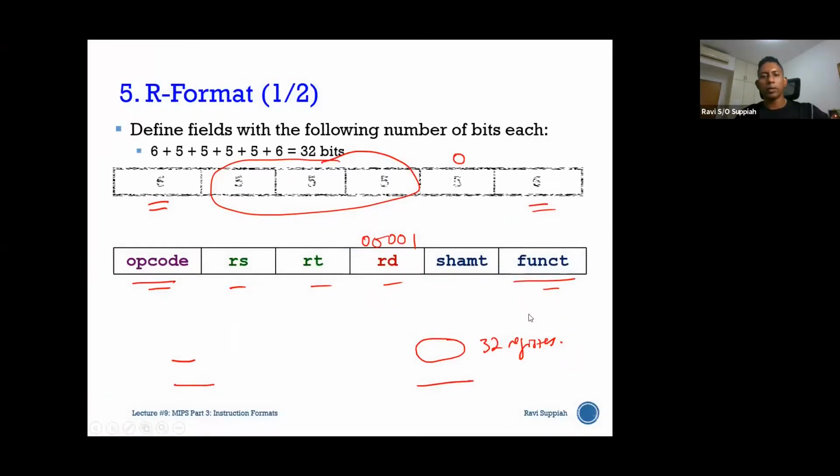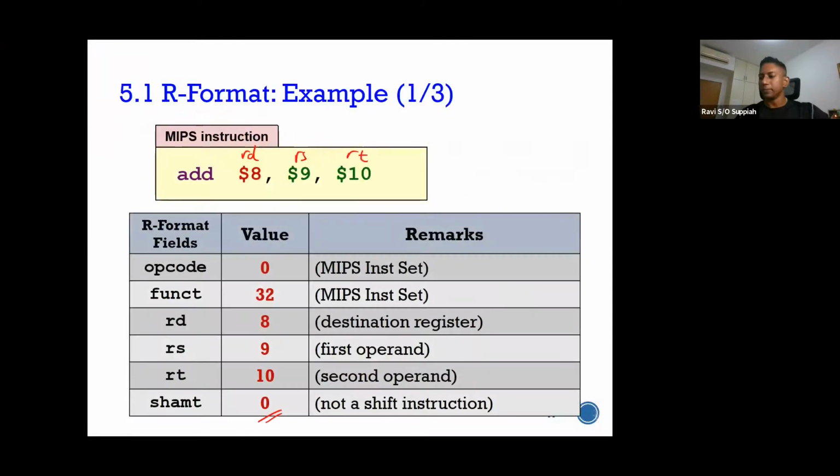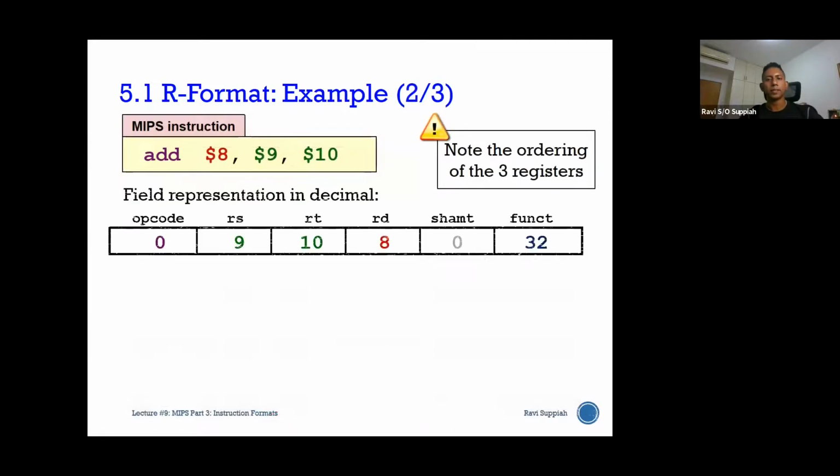The opcode is 0, and the function field is hex 20. So 0x20, if you key it in your calculator and translate it, you get a value of 32.